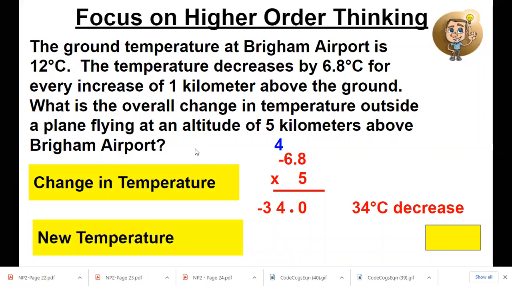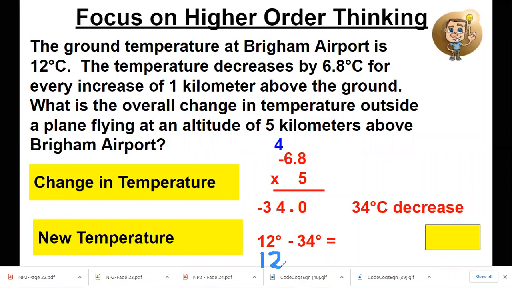What is the new temperature going to be? Well, it started out at 12. The temperature went down 34 degrees. This is a subtraction problem, isn't it? Or I like to change subtraction into addition as really 12 plus negative 34.